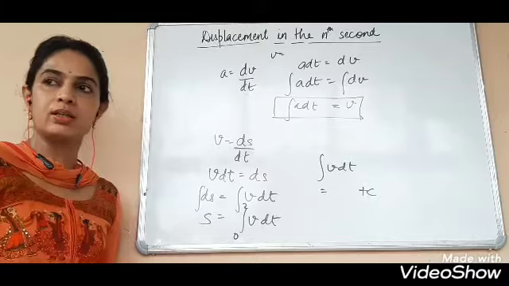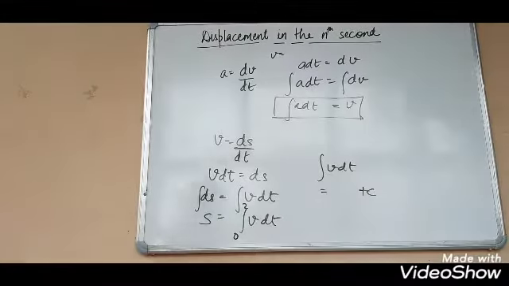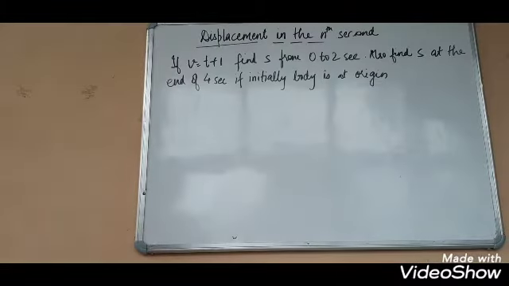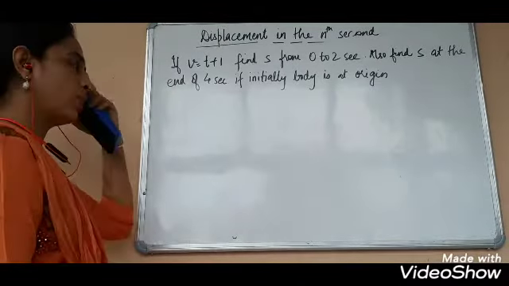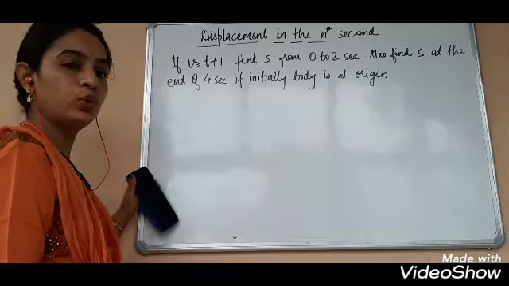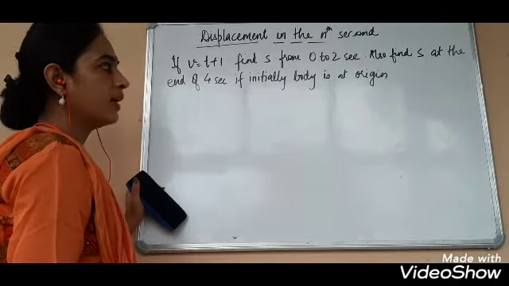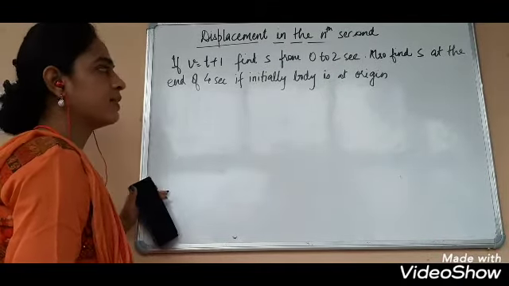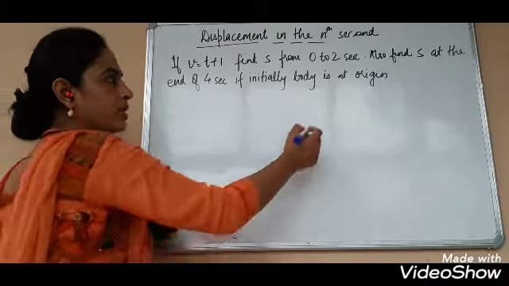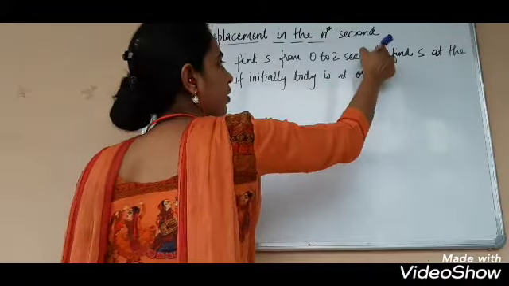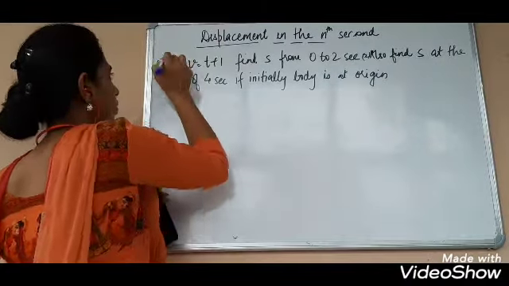Let's see some numericals. For example, the question is, if v is equal to t plus 1, find s from 0 to 4 seconds. Also find s at the end of 4 seconds if initially the body is at origin. So this is the second part, and this is the first part of the question.